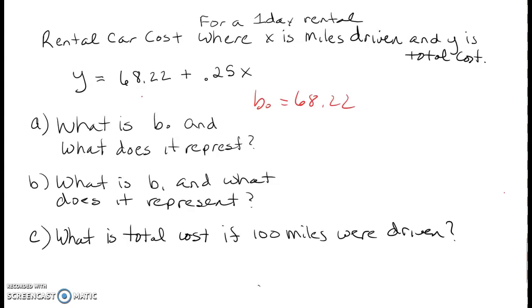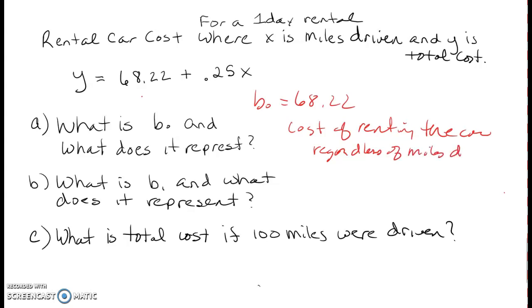If there's no miles driven, you're still going to pay $68.22. So this represents just the cost of renting the car, regardless of the number of miles you drive. So the second you rent that car, you're automatically charged $68.22.